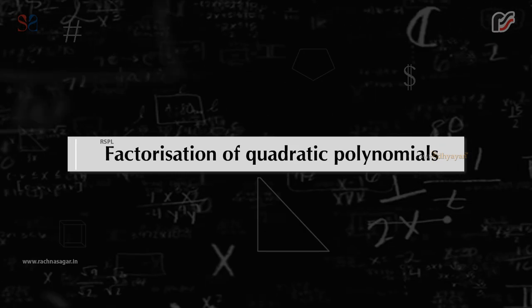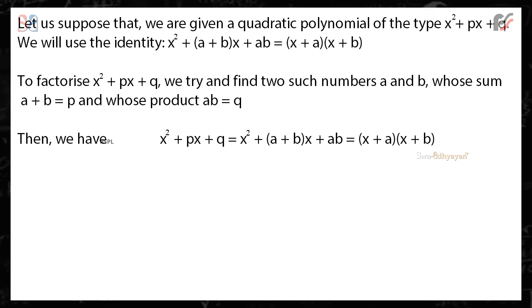Factorization of quadratic polynomials. Let us suppose that we are given a quadratic polynomial of the type x square plus px plus q. We will use the identity x square plus (a plus b) x plus ab is equal to (x plus a)(x plus b).